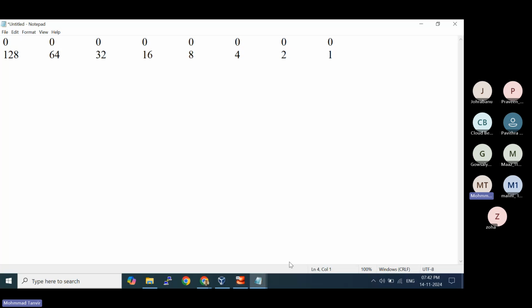How is it like this? It is calculated as 2 to the power 0, 2 to the power 1, and so on. It moves further, so we calculate from right to left. The bit which is 1, we add its value, and the bit which is 0, we do not add its value. That's why in an IP address each block will be from 0 to 255 only. It will never be more than 255. You can convert accordingly and calculate.